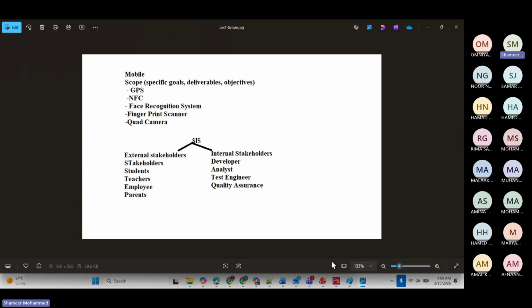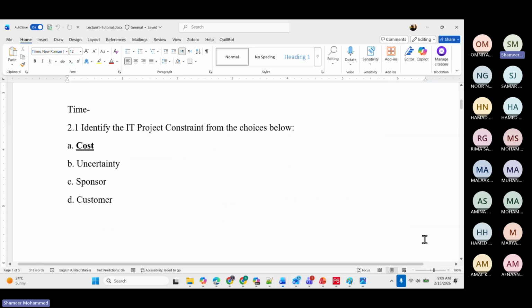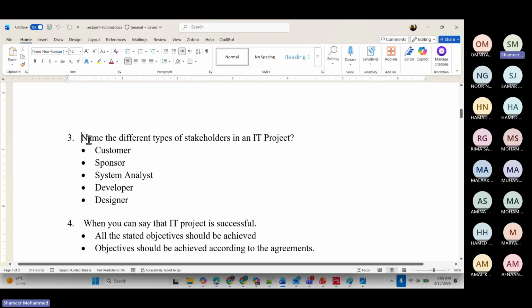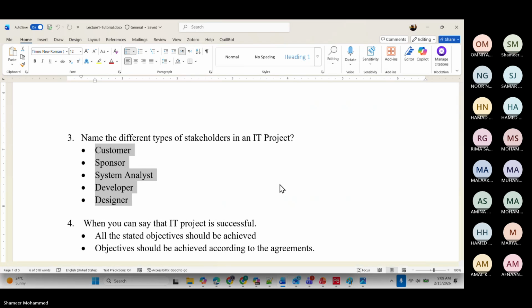The people who are taking part in your project. See, this type of question: name the different types of stakeholders. These are the different types of stakeholders who will participate in the project, who are affected by this project. Is it clear, students?